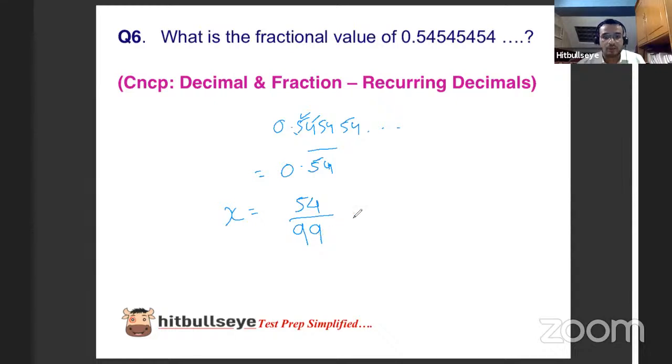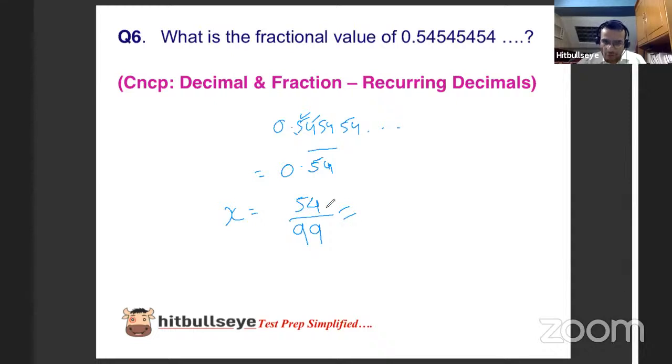This is my fraction. Now, the next thing I will check is whether I can reduce it to a lower value, not 100. Can I reduce it to a lower value? Because the fraction has to be in the lowest form, and only then does it become an answer.